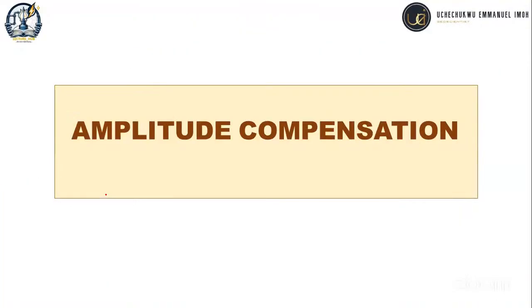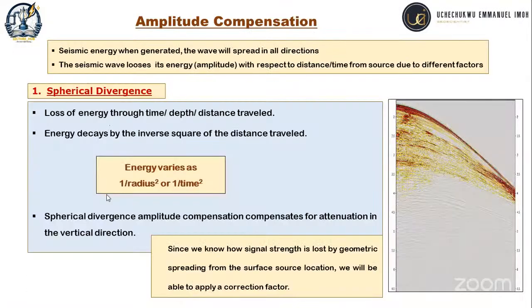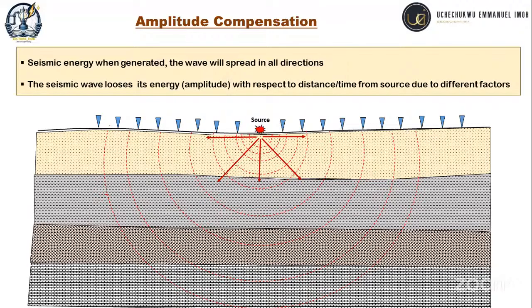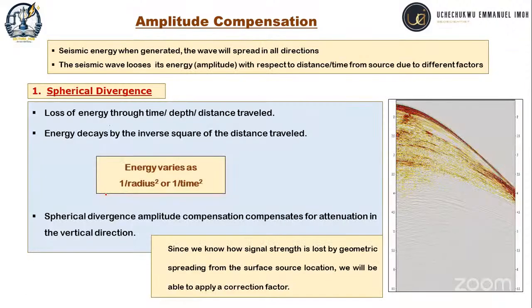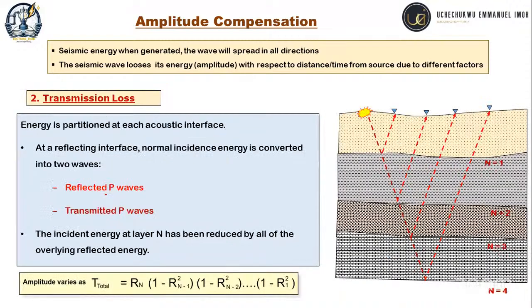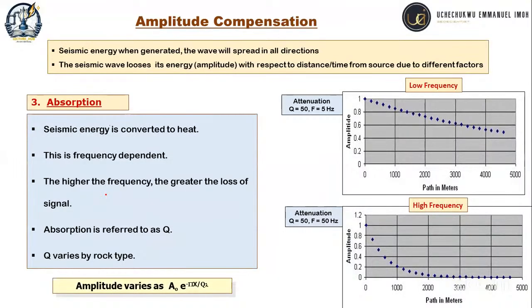Then I talked about amplitude compensation, where I told you that when your seismic wave travels down from the source, as it spreads out away from the source, the energy attenuates. The energy weakens due to, one, spherical divergence, and I explained that; secondly, transmission loss; and then absorption.